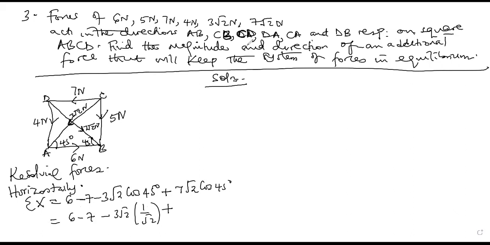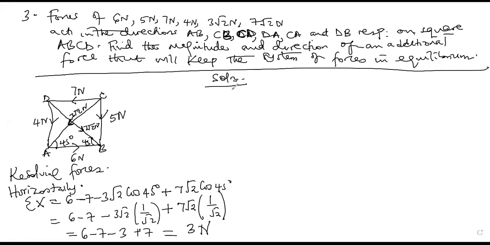Then plus 7 root 2 times 1 over root 2. So this one will give us 6 minus 7, the root 2 with root 2 will go, minus 3 plus 7. And this will give us 3 newton. That is the horizontal force.